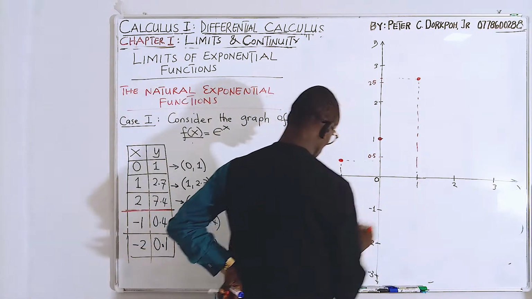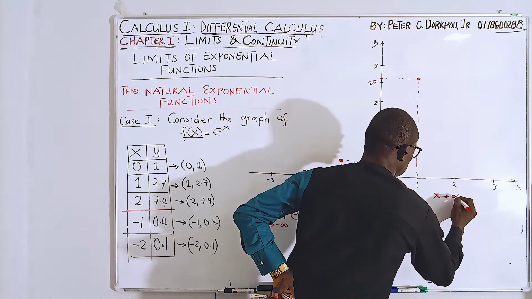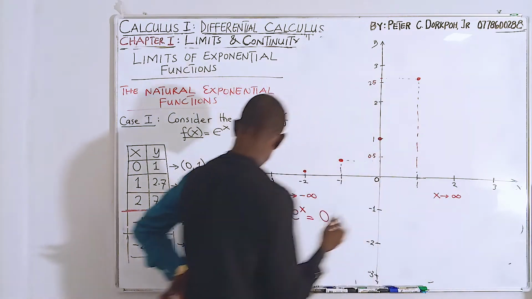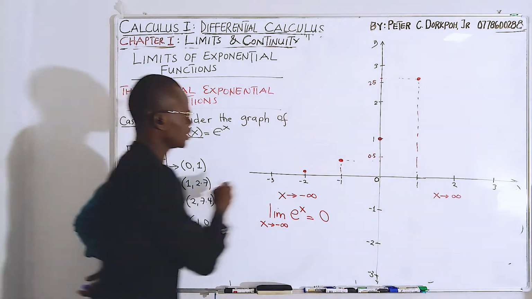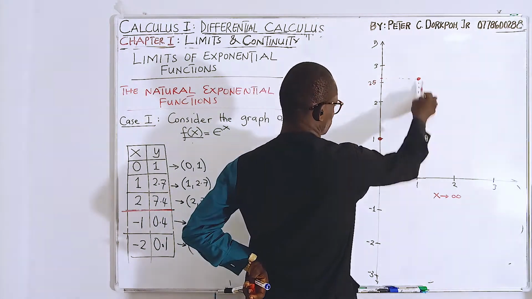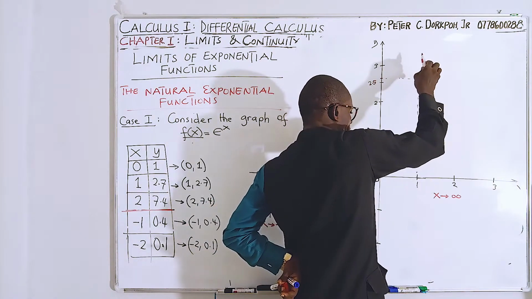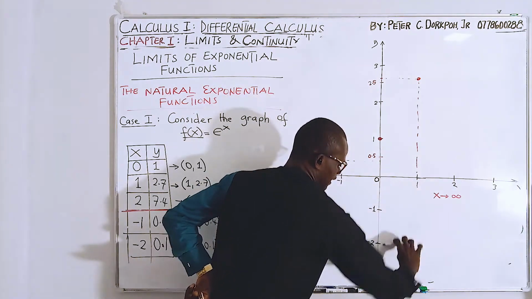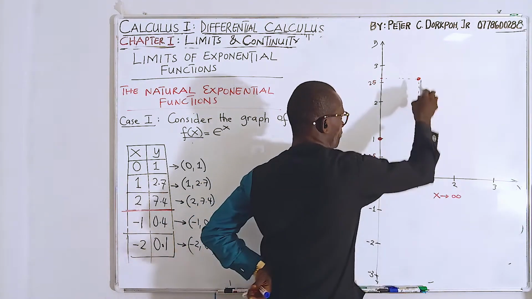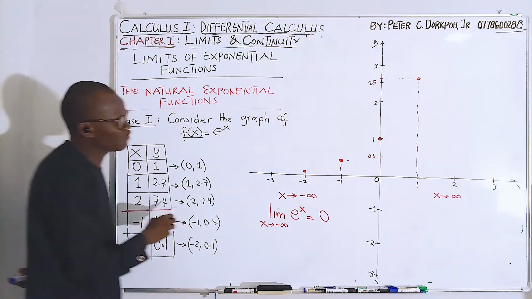Now, as x is approaching positive infinity, what happens? When x is positive 1, y is 2.7, it's going up. We did not see that when x is positive 1, y is negative 2.7. No. It went up, right? When x is positive 2, y is 7.4.